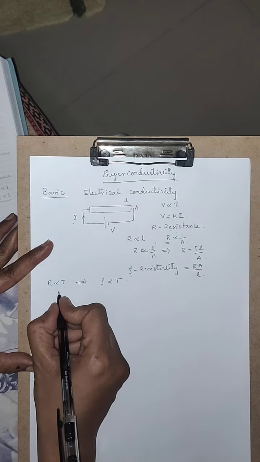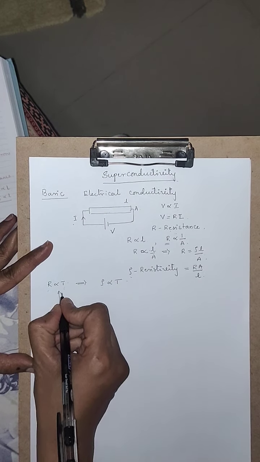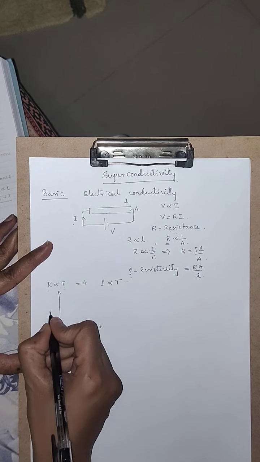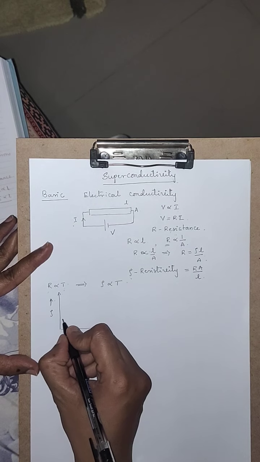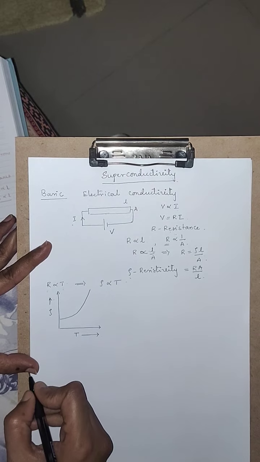If we plot the graph of resistivity versus temperature, taking temperature along the x-axis and resistivity along the y-axis, resistivity increases with temperature, something like this.